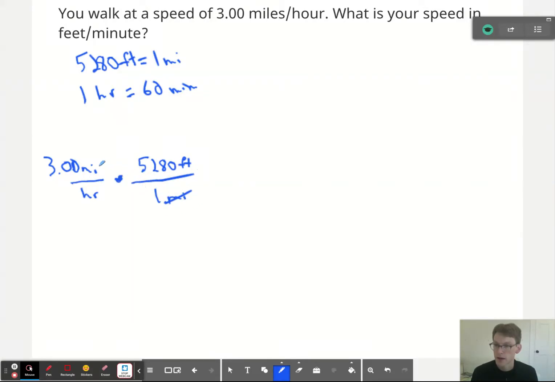The miles cancel. And now we've got hours in the denominator, so we actually have to multiply by hours over minutes to get rid of the hours, because the hour is in the denominator over here. It's got to be in the numerator over here in order to cancel. That's the little twist here. It's 1 hour over 60 minutes.